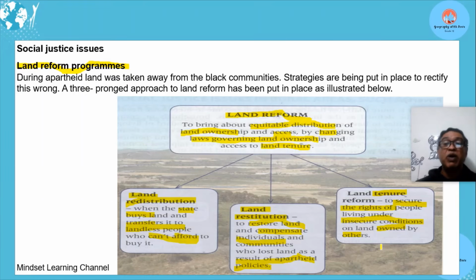But because they've been working there for the last 5 or 10 years, no, you cannot move them out. They have tenure on that land. Okay, learners, so this was land reform, trying to create a bit of equality between people and having the land available, especially based on the past in the apartheid era where this land was taken away.